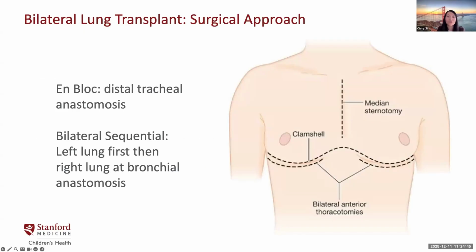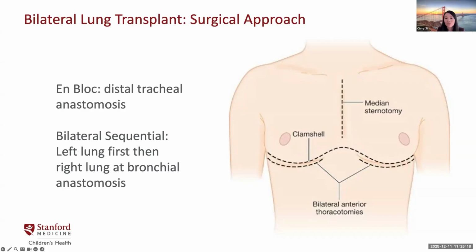So now we're getting into the transplant. At our center, all of our patients undergo a bilateral lung transplant. We do not do single lung transplants here. The surgery can be done en bloc, meaning that both lungs are connected distally at the trachea, or more commonly, we perform something called a bilateral sequential lung transplant, in which the left lung goes in first and then the right lung goes in second.